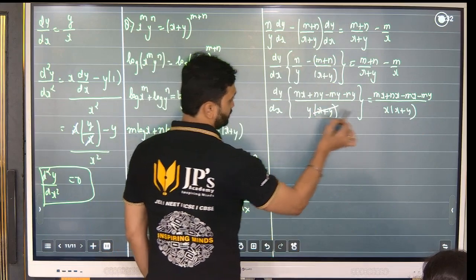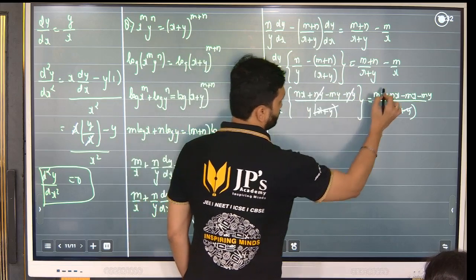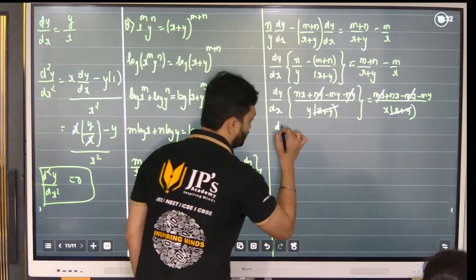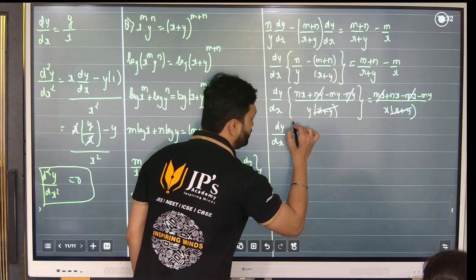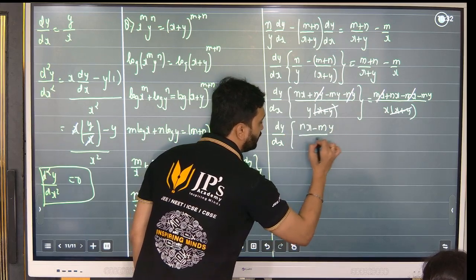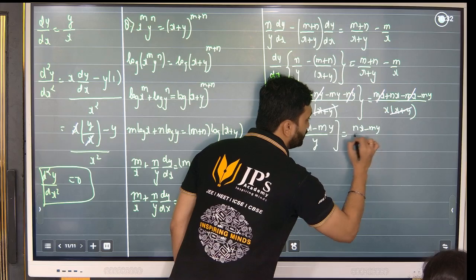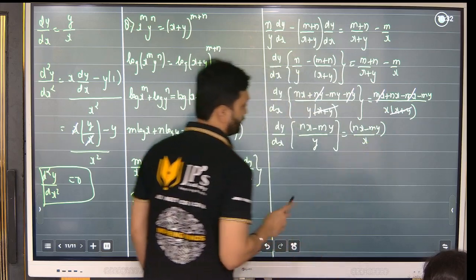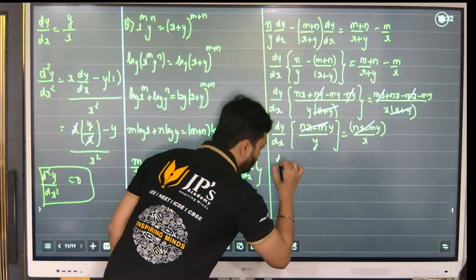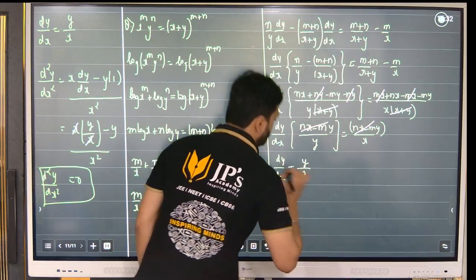This x plus y cancels, this x plus y cancels, this ny cancels, this mx cancels. Now see what I am left with. dy by dx into nx minus my upon y is equal to nx minus my upon x. The nx minus my cancels. So can you tell me what am I getting as dy by dx? What is dy by dx?